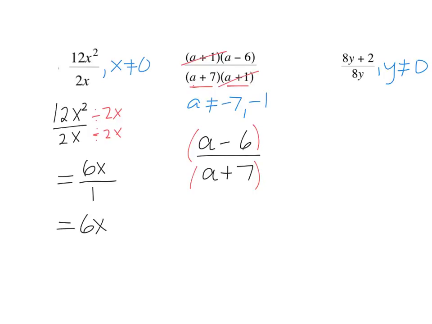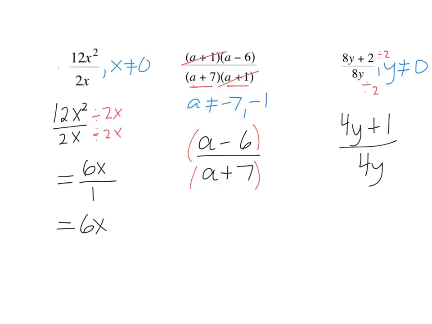I would just look at all 3 terms and look to see what they can be divided by. So what can all 3 of them be divided by? 2. So if I divide everything by 2, I get 4y plus 1 over 4y.